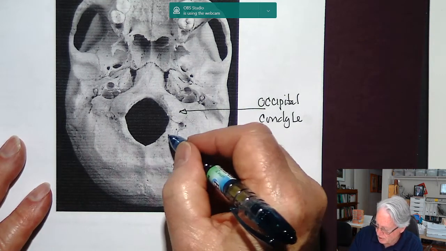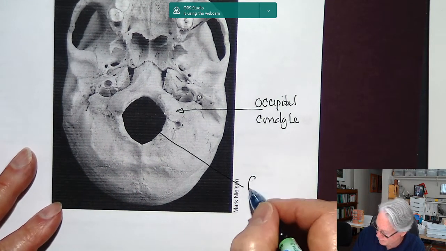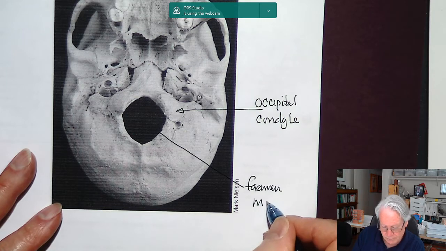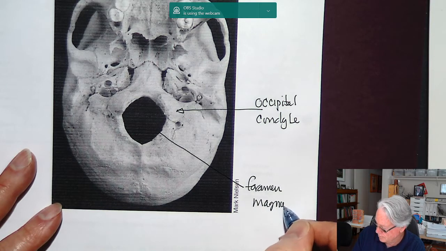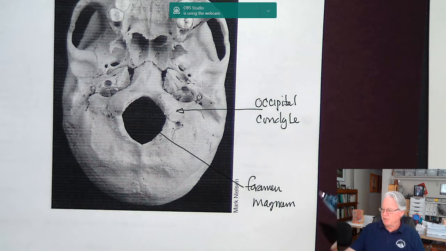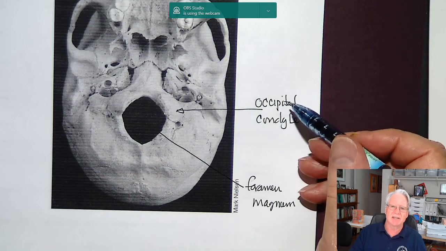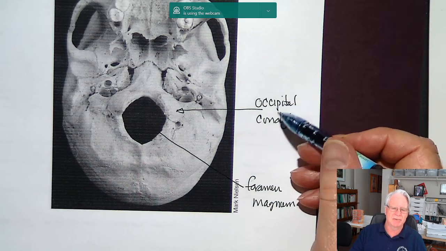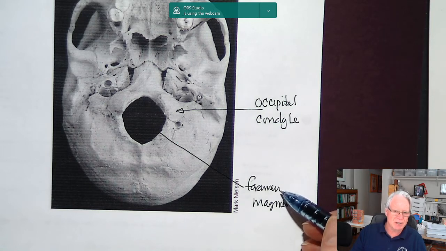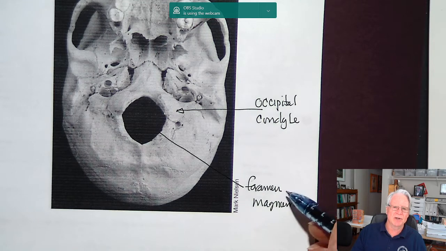This opening, the hole, is the foramen magnum. And you've already been introduced to the terminology here. We've talked about what a condyle is. So this is the condyle on the occipital bone. The name is telling you that. Okay. We also know what a foramen is. And so this is a large foramen or large hole.